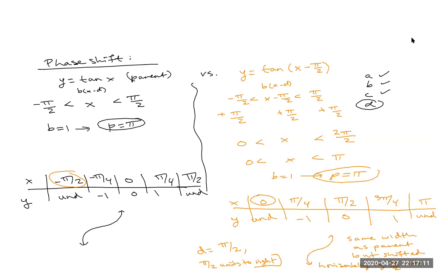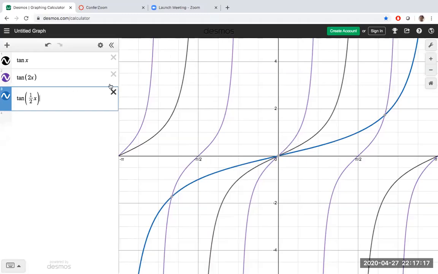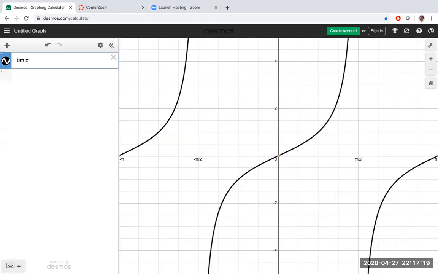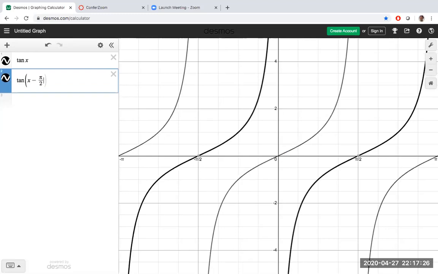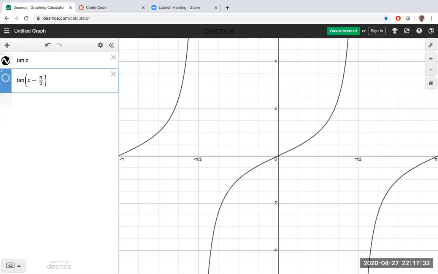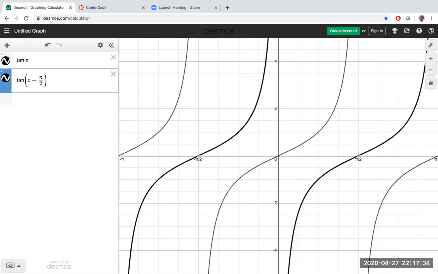Let me save that and then go to Desmos. We're going to do a tangent of x minus pi over 2. Not the same color. It's practically the same color.